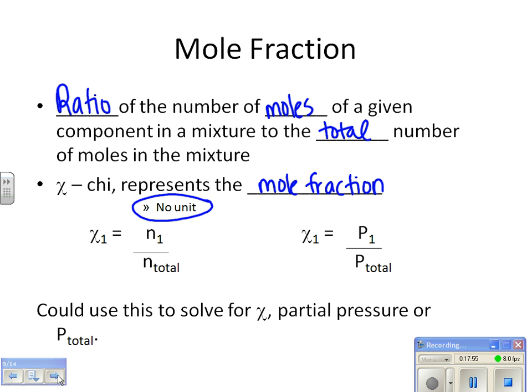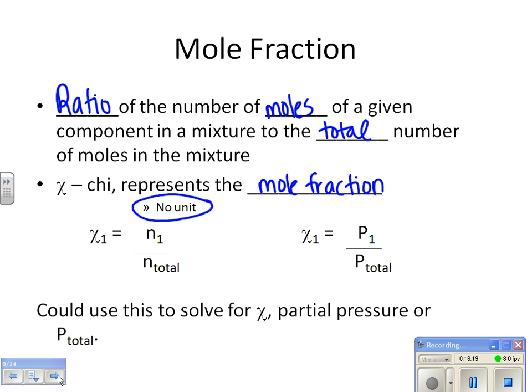Okay? So, if you look at the mole fraction, it is equal to the number of moles of any gas over the total number of moles. And that gives you a decimal, and that's what you record as the answer. Don't leave it in fraction form. Leave it in decimal form, even though it's called mole fraction.